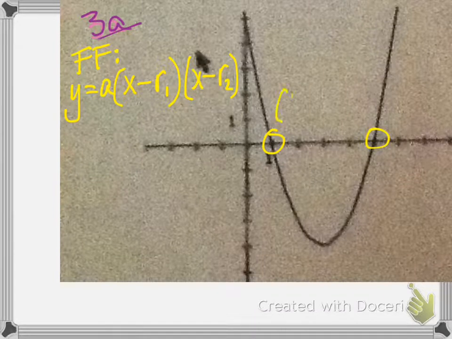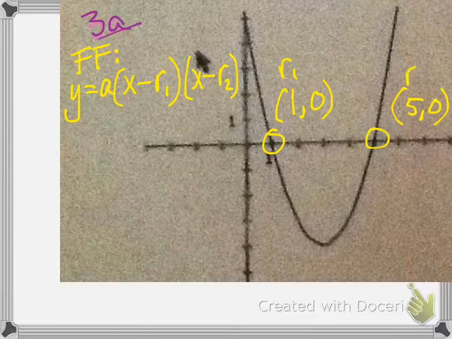So our root 1 is 1, and the second root is 1, 2, 3, 4, 5. So here's root 1, here's root 2. So in my parentheses, first of all, like I said, a in the last problem, the number outside the parentheses was just a 1, so it'll stay that. And then this will be x minus root 1 is 1, and x minus root 2, which is 5.